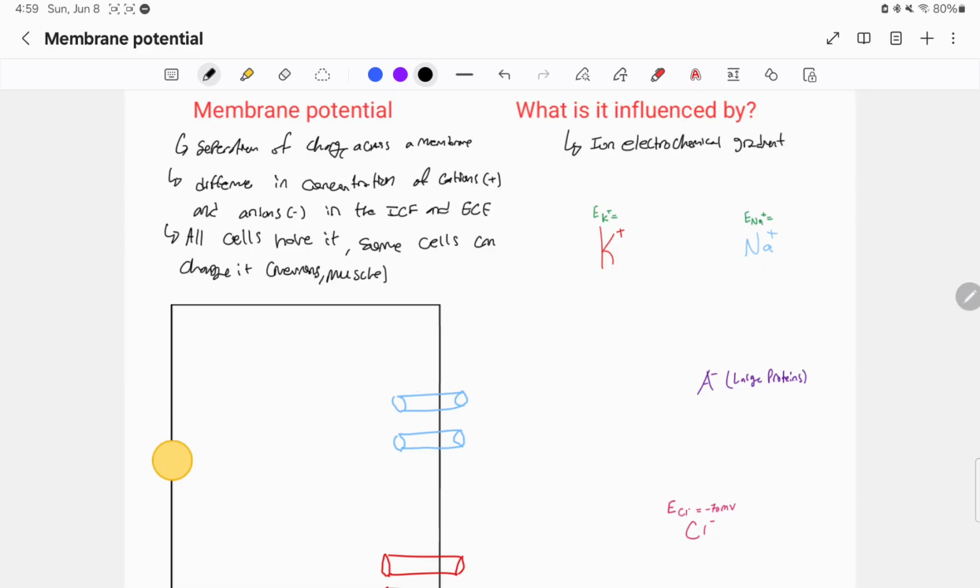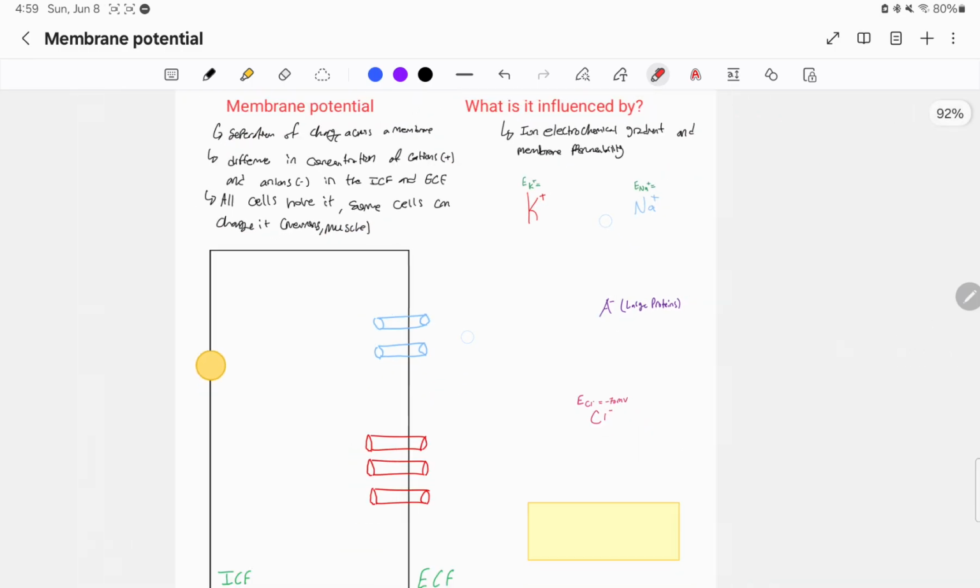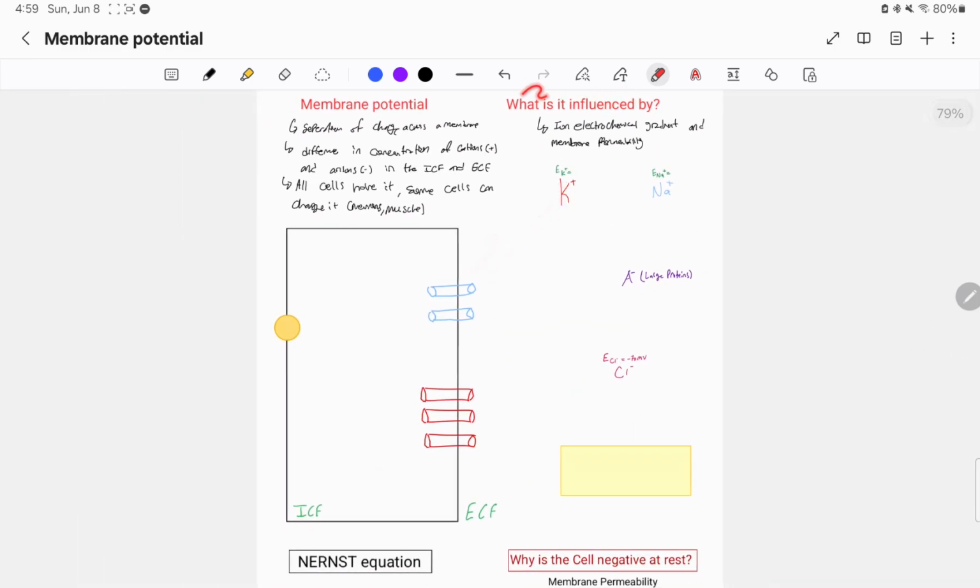We'll come to see that it's always going to be more so the sodium and the potassium ions. And also membrane permeability. We will talk about how each of these translates into our big diagram over here. But for now, a membrane potential, defined bare bones simply, is the separation of charge across a membrane. A charge would be like positive charge, positive charge, okay.